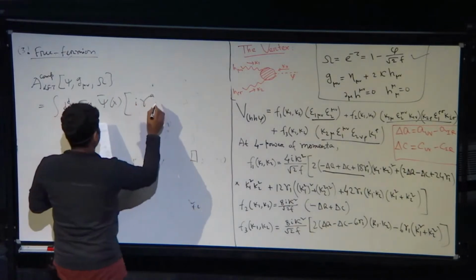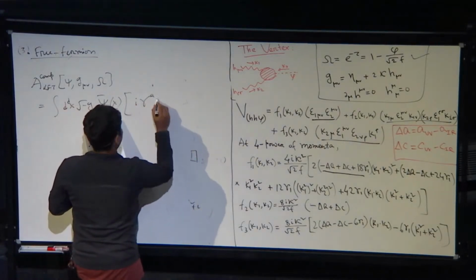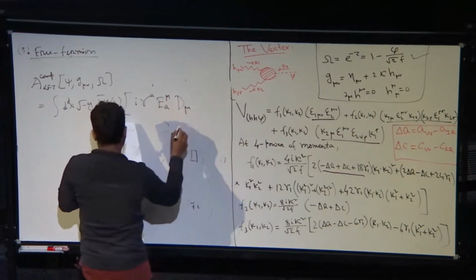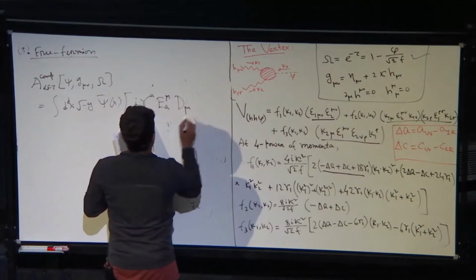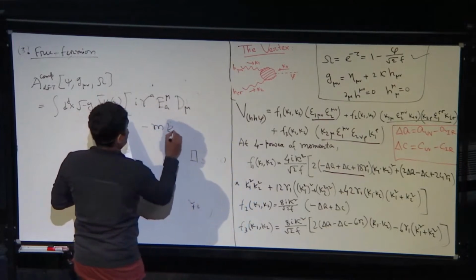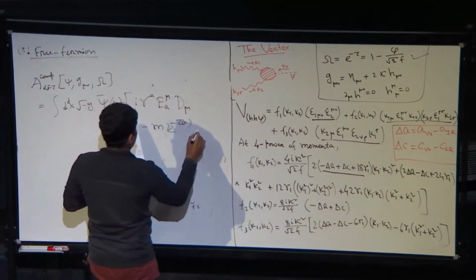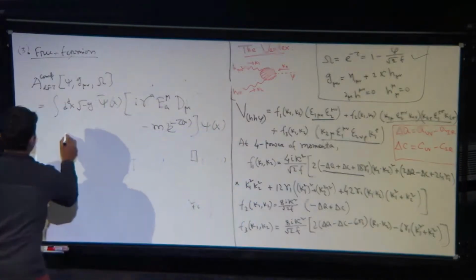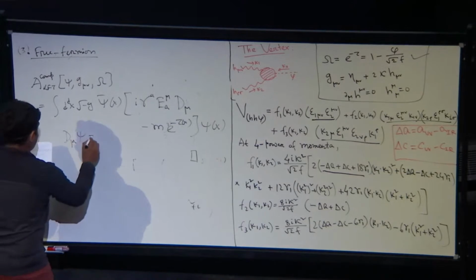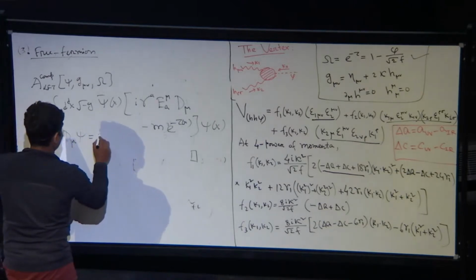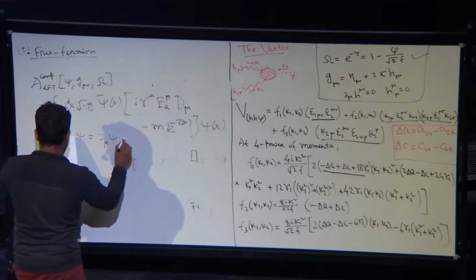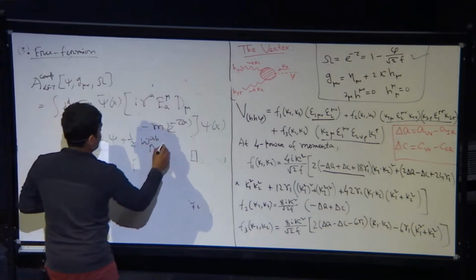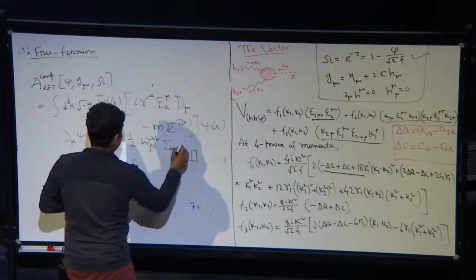So A are basically the tangent space indices, and this E A mu is the inverse vielbein, and there is a covariant derivative acting on it, and then we have a mass deformation, then a compensation, and this psi of x, and this D mu of psi is just given by del mu of psi plus half times the spin connection and the commutator of the gamma matrices.